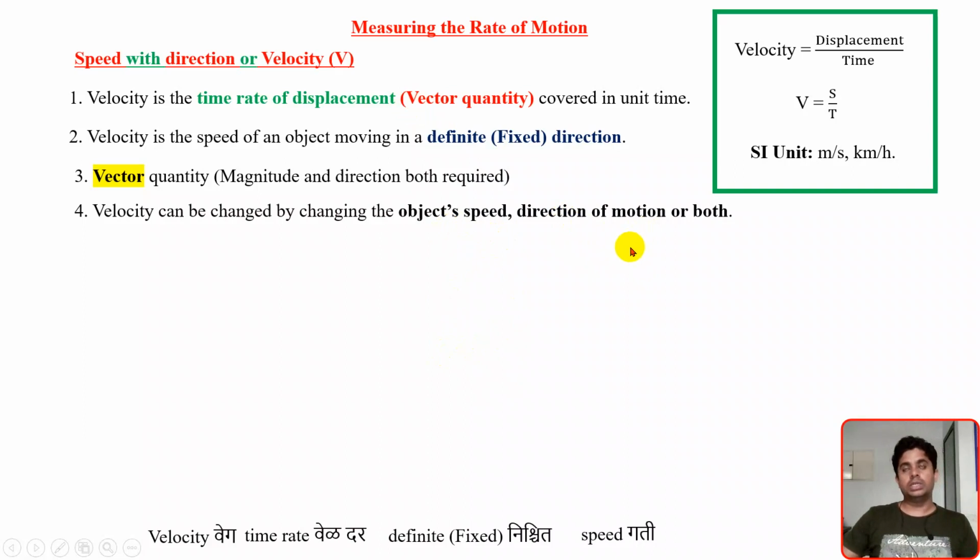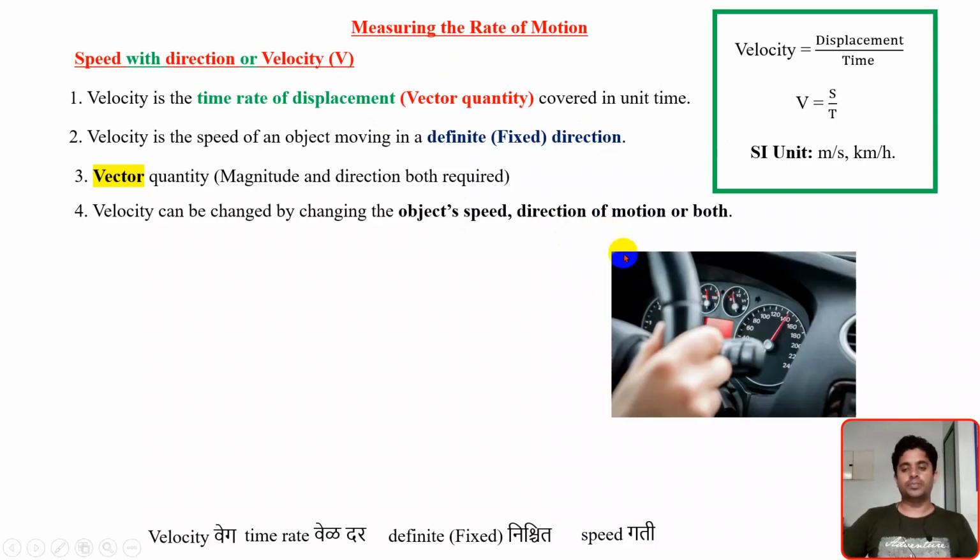And third option is to combine option 1 and option 2 and perform them together. Means the first option is to increase or decrease the object speed. Second option is to change the direction of the motion. And third option is, at a time, while changing the object speed, you change the direction of motion also.